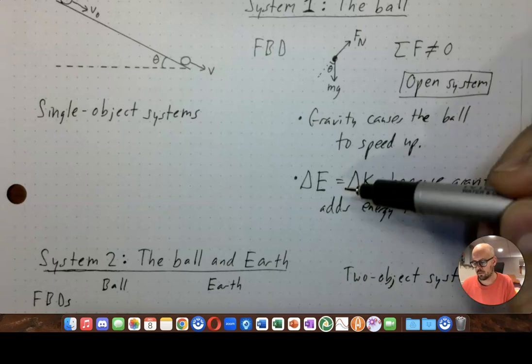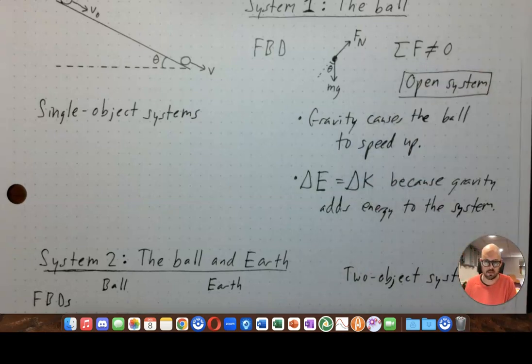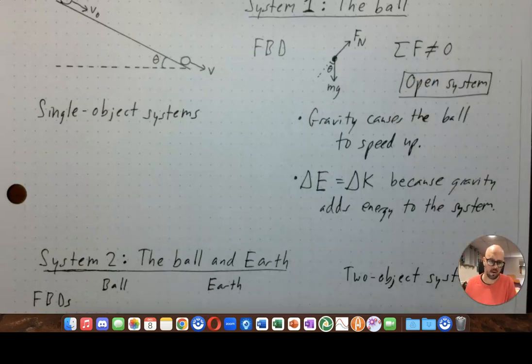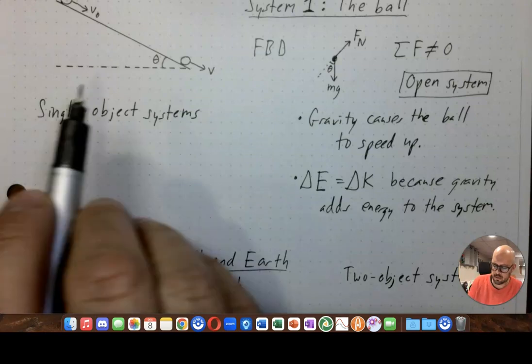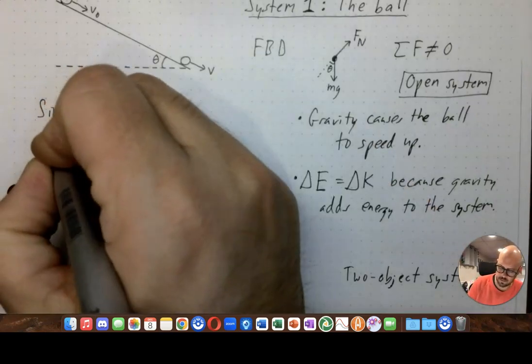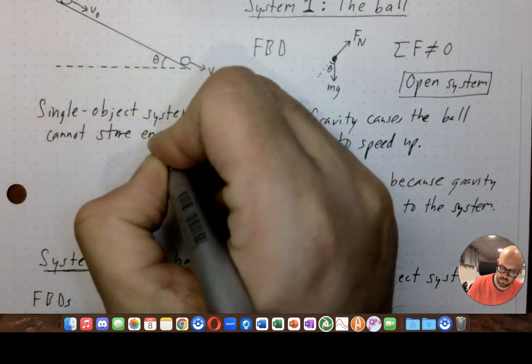All right, so this might leave some questions, like why didn't we just talk about potential energy? We just learned about it in the last section. Why aren't we using it? That is because if it's just the ball, single object systems cannot store energy.